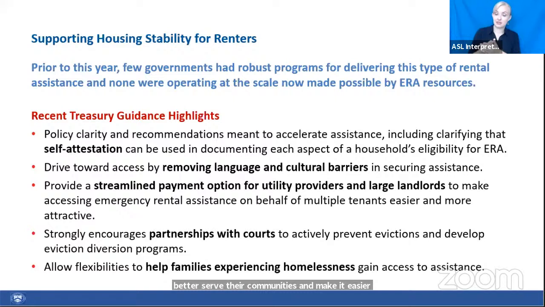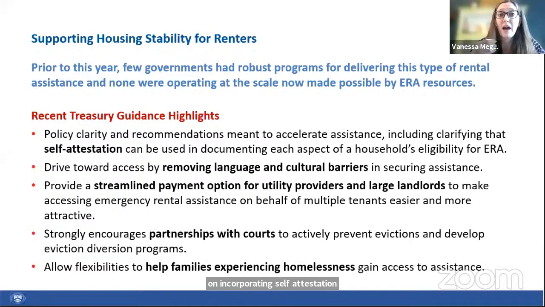This includes policy clarity and recommendations on incorporating self-attestation for eligibility requirements. So giving grantees the tools to provide that flexibility to applicants, a drive towards removing language and cultural barriers, and just generally accessibility barriers to these programs.